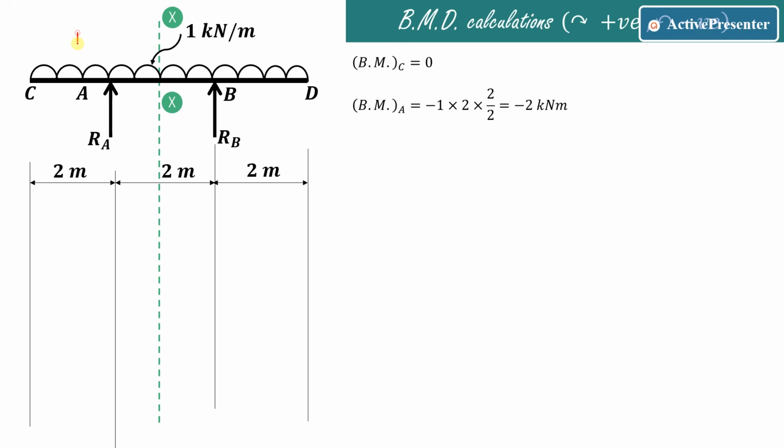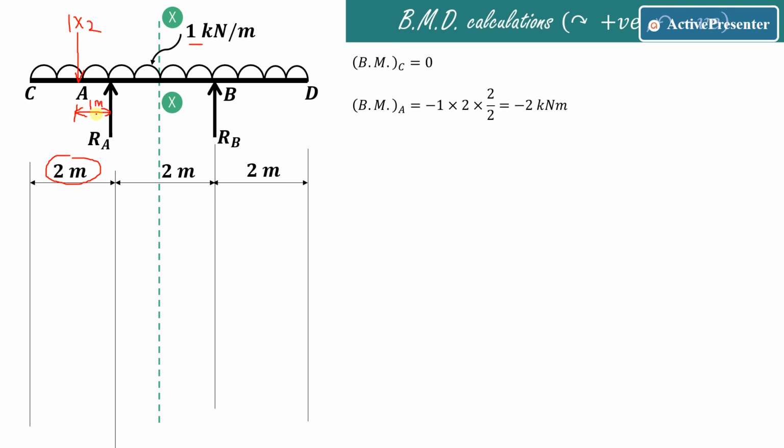And it is acting over a distance of 2 meter. So 1 into 2, and it will be acting at the center of 2 meter. So this distance will be of 1 meter. So between C and A the length is 2 meter, and the u.d.l will be 1 into that particular length, that is 2 meter, and 1 into 2, and acting at the center of 2 meter, that is 1 meter.